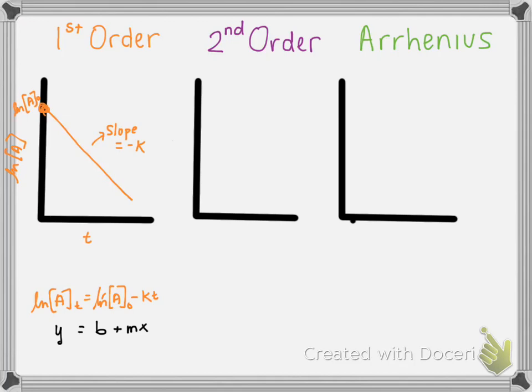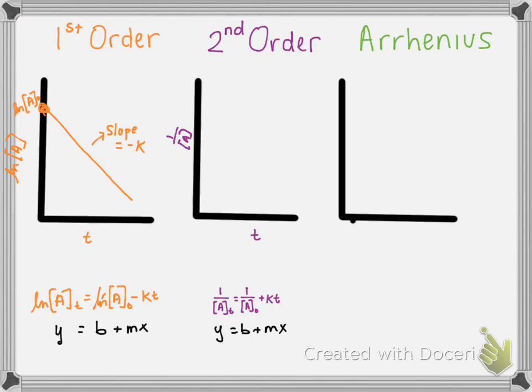Okay, so moving on to second order, we'll need the second order integrated rate law. So again, we want to think about this in terms of a linear form. So we have y equals b plus mx. Our axes again are going to be time, but now instead we'll have 1 over concentration.